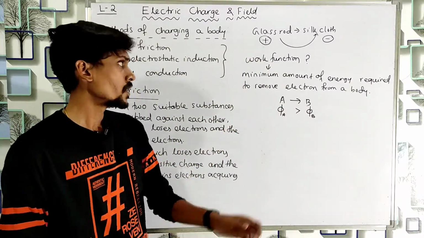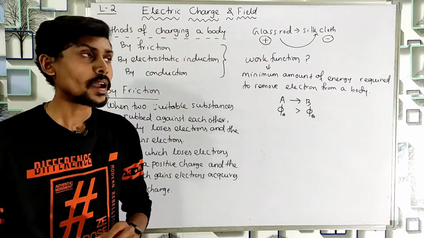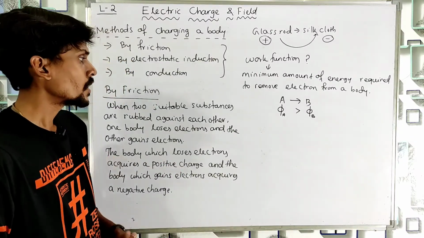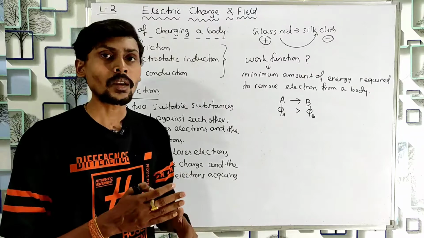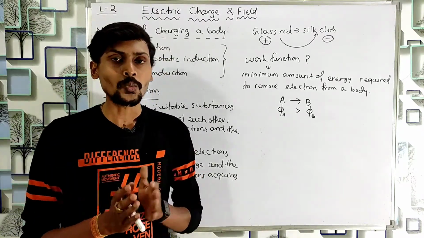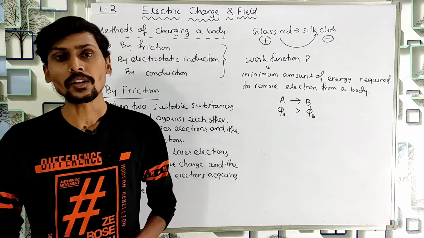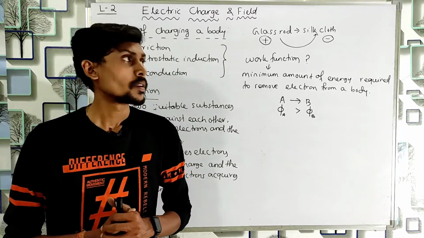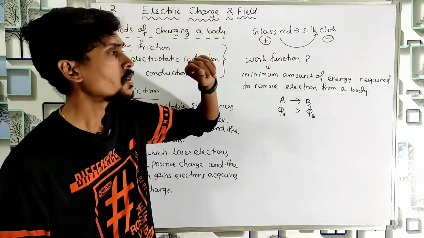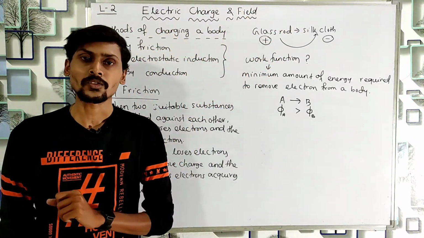So remember that this parameter, work function, decides which substance will lose electrons and which substance will gain electrons. And remember that in this method, when you are rubbing A with B, the number of electrons lost by one body is exactly equal to the number of electrons gained by the other body. In this example, when you rub a glass rod with a silk cloth, imagine that the glass rod loses 10 electrons.